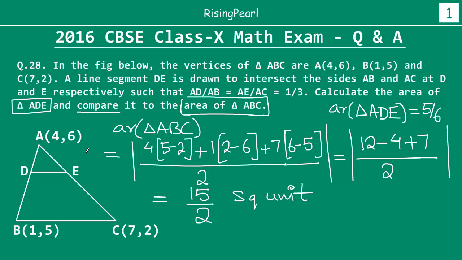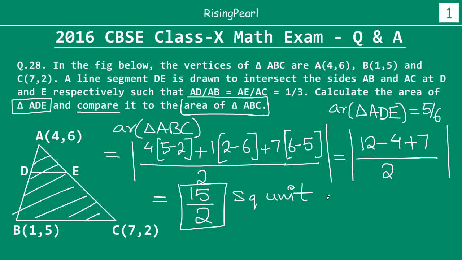So the area of the entire triangle ABC is actually 15 by 2 square units. So how are we going to compare, right? One is 5 by 6, the other one is 15 by 2.